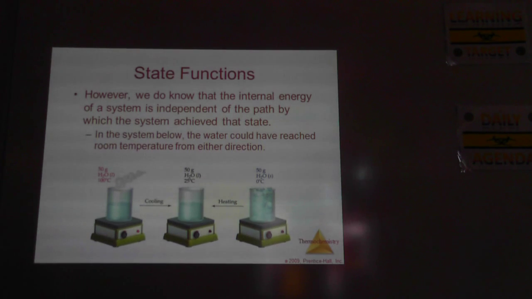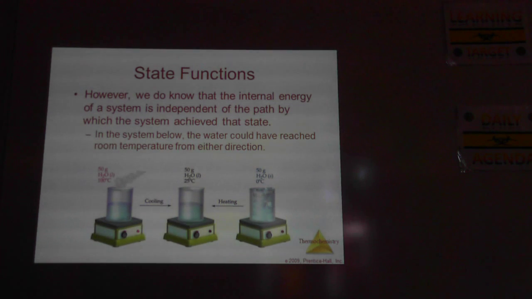So in the example here, if we were going to talk about the internal energy of the middle hot plate, you have 50 grams of water in the liquid state at 25 degrees Celsius. So we could find the internal energy of that particular system. But it doesn't matter how that water got to room temperature.